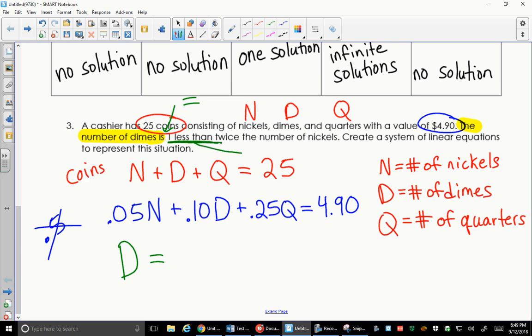Less thans and more thans happen at the end of this expression. So what it means is we're taking away 1 from something. What are we taking 1 away from? Twice the number of nickels. And so our final equation looks like that. So we're taking away 1 from twice the number of nickels. More thans and less thans happen at the end.